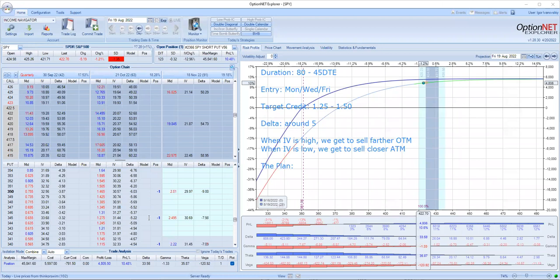Can anybody confirm that? If I was to sell a 345 put with 63 DTE, I think that Reg T requirement will be about $3,500.